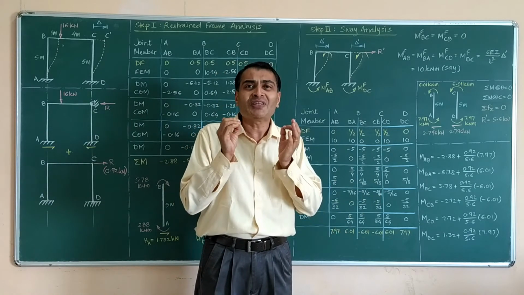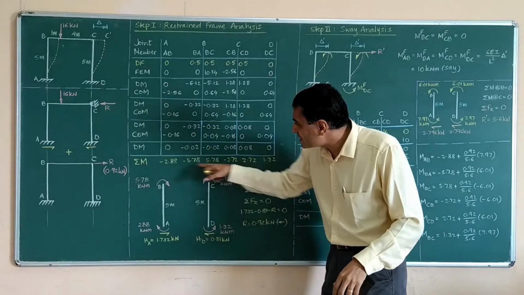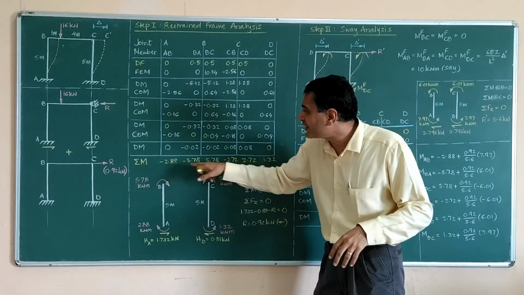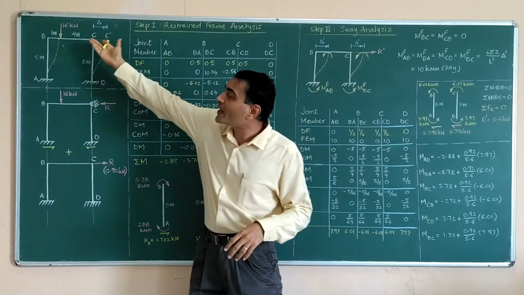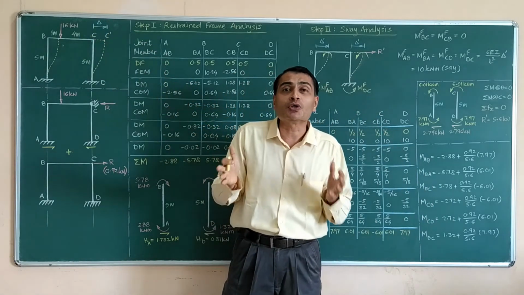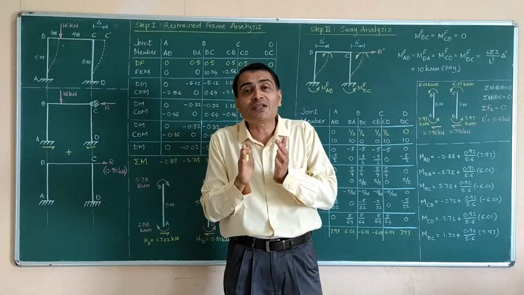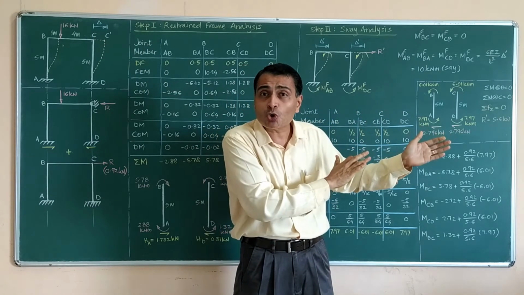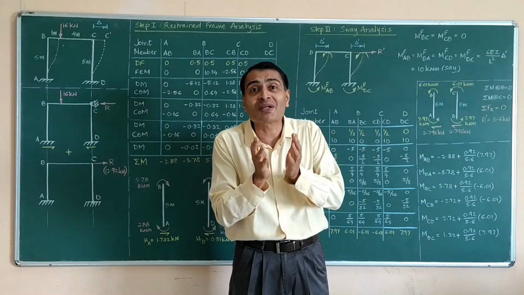See, if you look at these moments, they are in the range of 2.88, 5.78. If you look at the load, it is 16 kilonewton. So we are practically trying to remain in the same range. In our imagination also, we are choosing the same range.